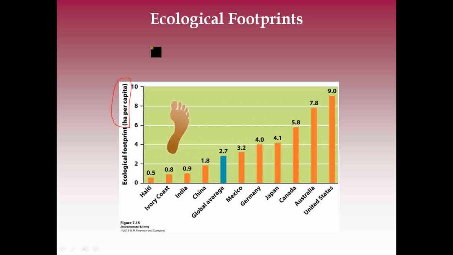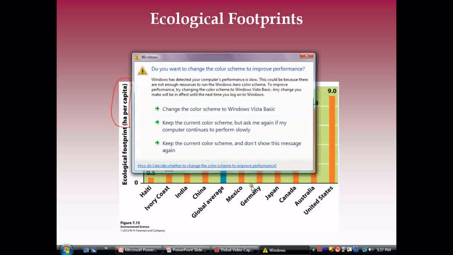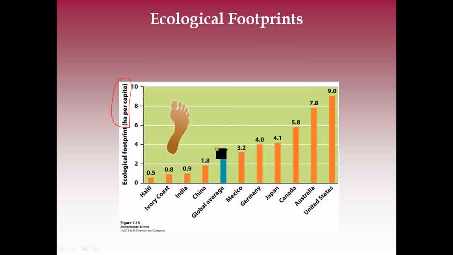So if we look at these ecological footprints, we can see that the developed countries that are listed here are the ones that have really, really high ecological footprints. In fact, this is each one of us. So each one of us, because it's per person, per capita here, right? It's per capita.